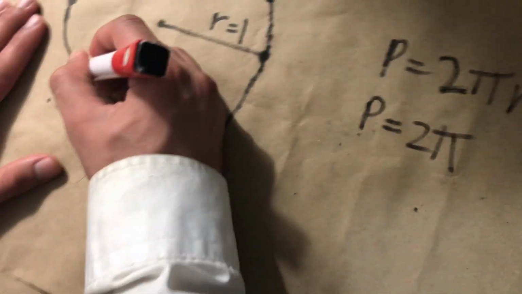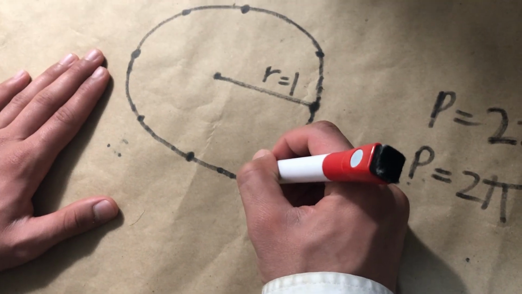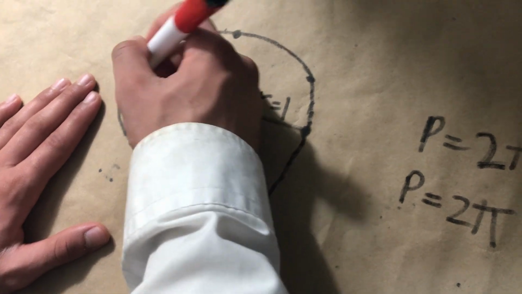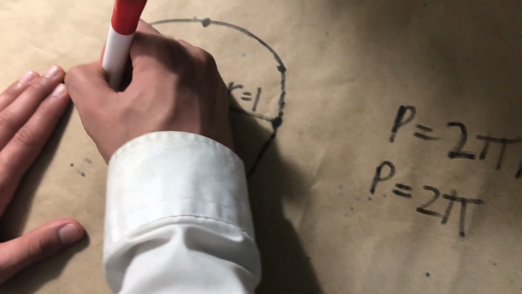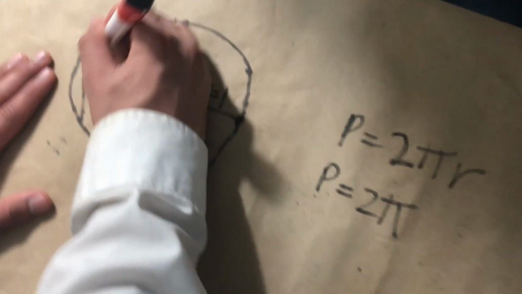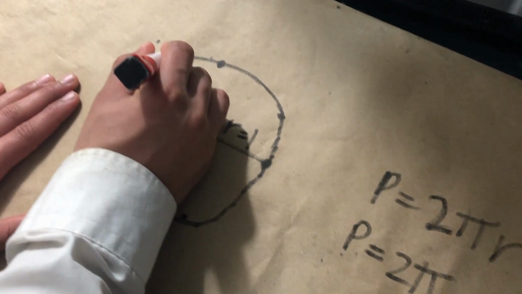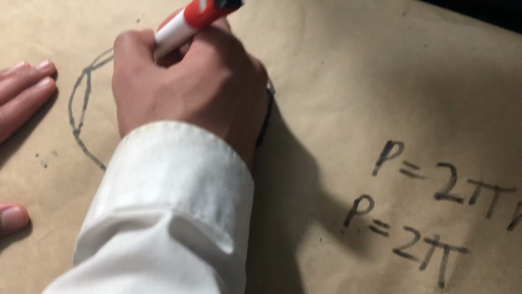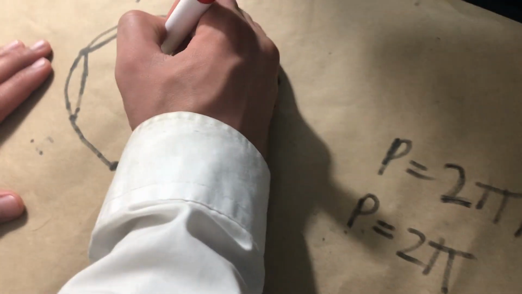Just draw sides like this, and we'll just start like that. We'll use equilateral triangles just to avoid confusion.